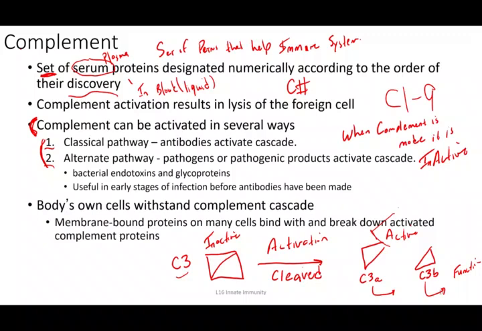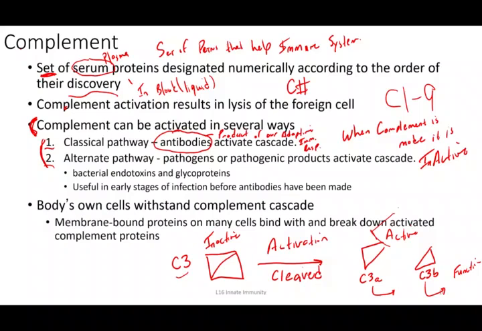And without going into too much detail, what we're really looking at is what is the actual signal that's going to trigger it. So in one activation pathway that's called the classical pathway, it's the presence of antibodies. So again, remember, this is a product of our adaptive immune response.